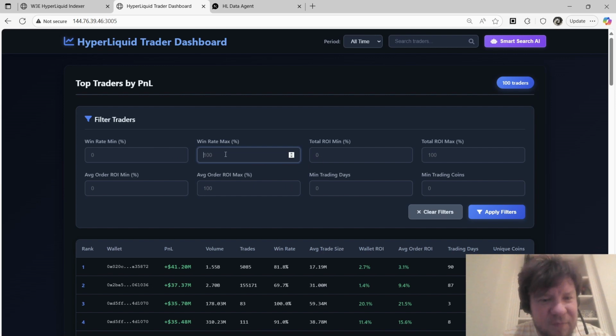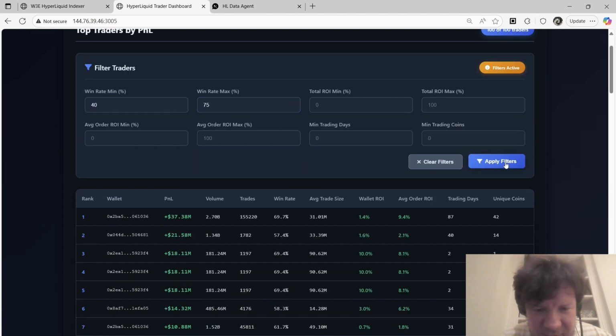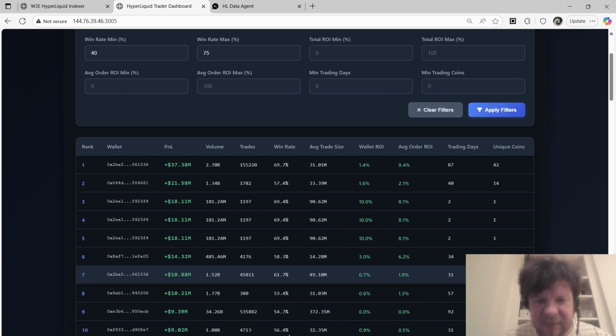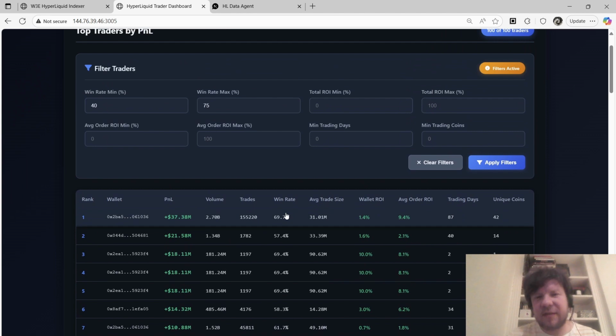For example, we think a 100% win rate is something strange, so let's reduce it to 75. I just type numbers and it appears. That's because of the magic brought to us by ClickHouse.